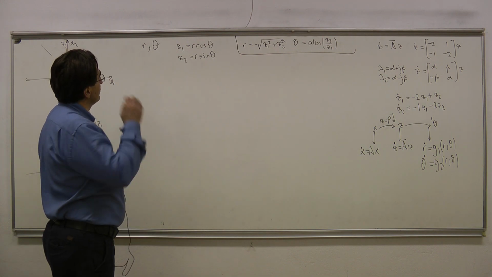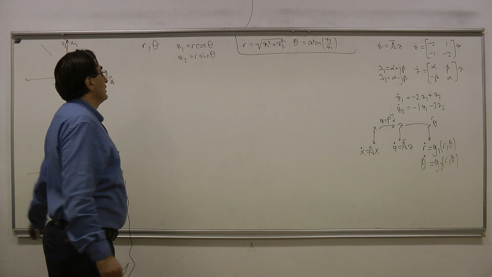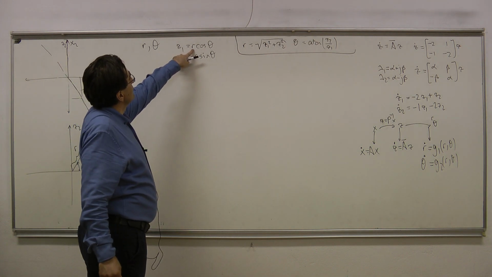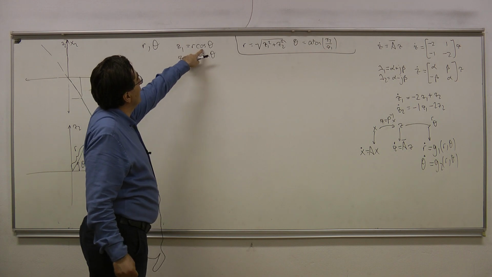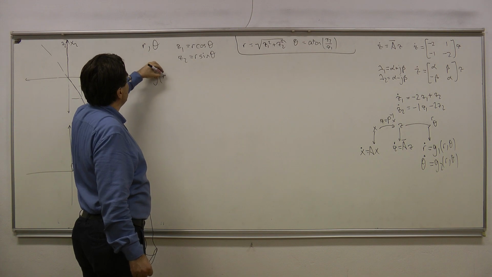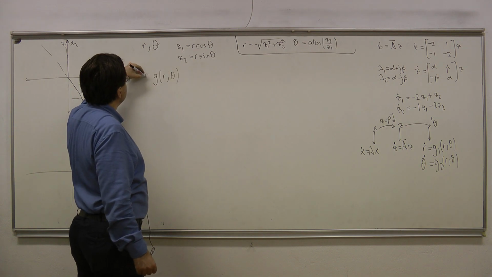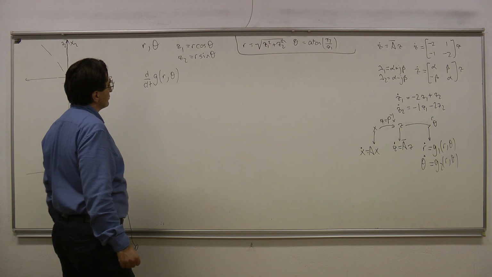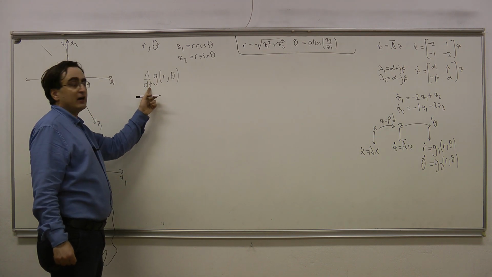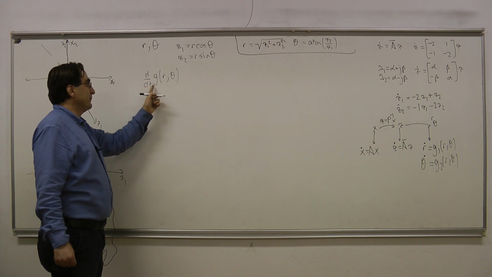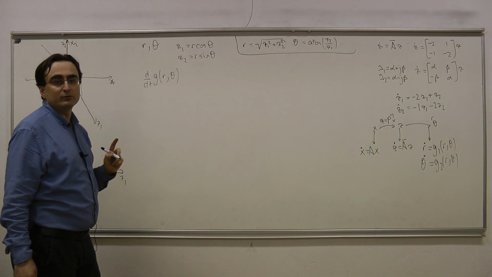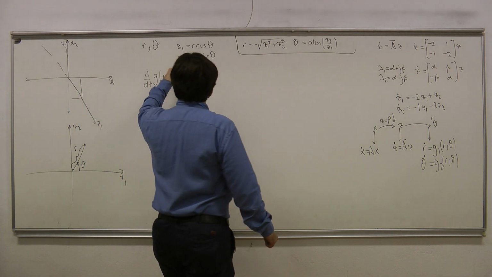So now let us try to do this. I will now calculate Z1 dot. But here you need to be careful because the right hand side is dependent on r and theta. So if I take any function g of r and theta, and if I take its derivative with respect to time, you see that the function does not depend on time explicitly, but it depends on time implicitly because r and theta are dependent on time. Okay? So here is what I do.